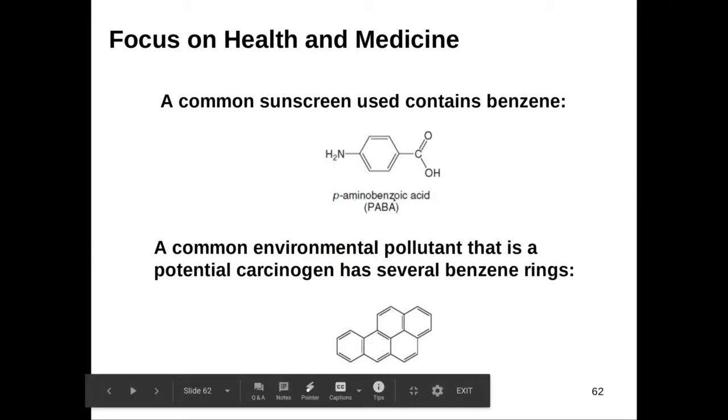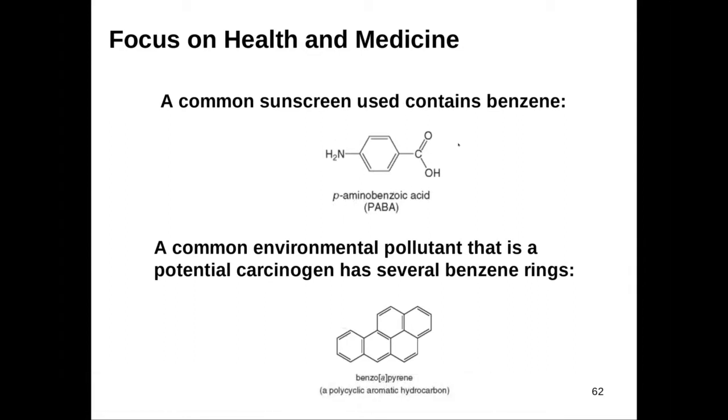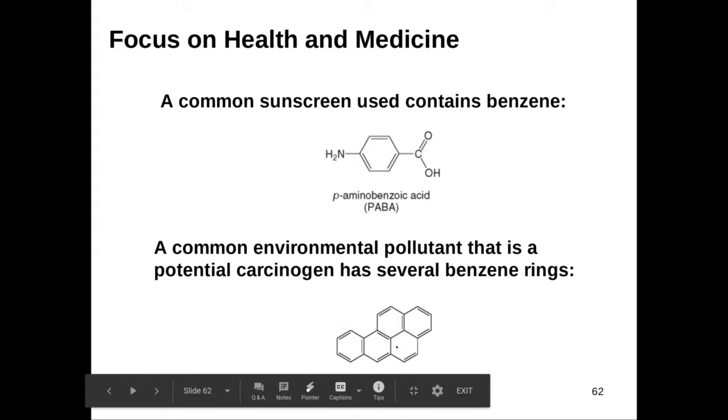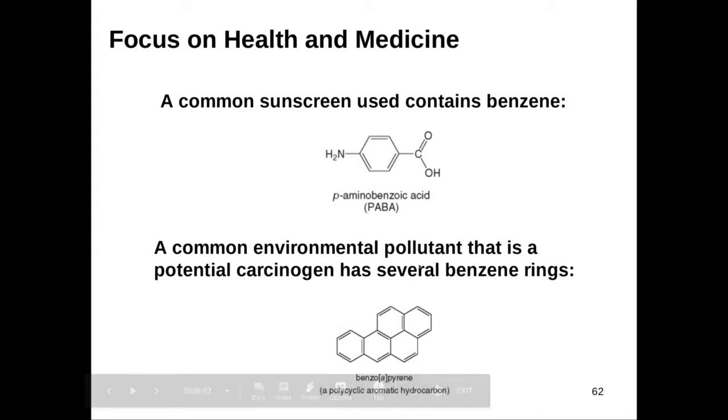So PABA, you might have seen ads against PABA. People don't like PABA, but p-aminobenzoic acid is a really common sunscreen that has a benzene ring. And then there's a common environmental pollutant, also a potential carcinogen, that has 5 benzene rings, what we call benzo[a]pyrene. Just as a note, real life stuff.